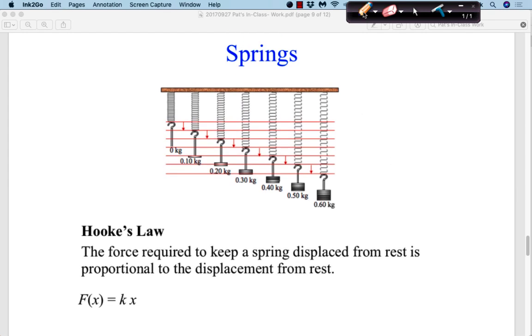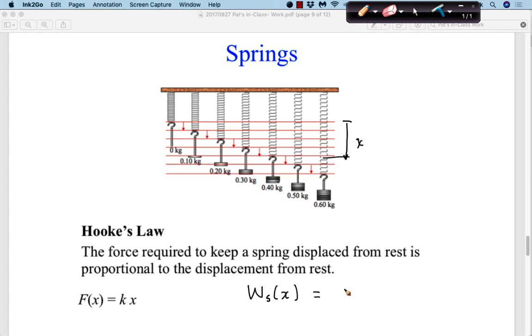So what's the accomplished work then? What would the accomplished work be, say, to stretch the spring a distance of x? Just apply what we've learned so far.